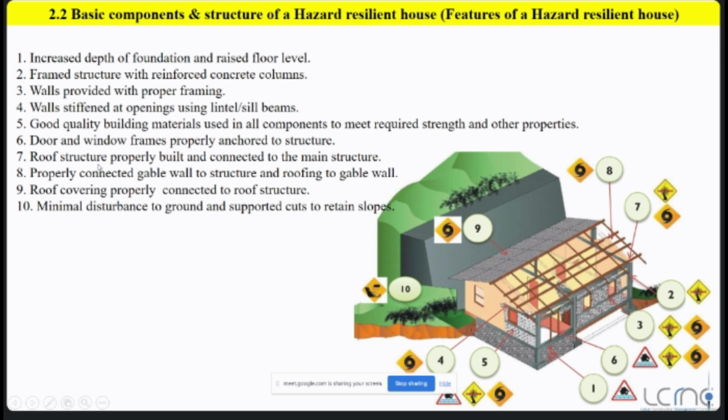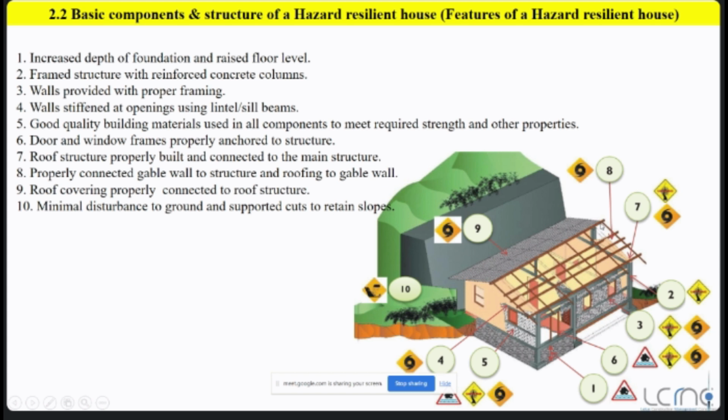And number 7, roof structure properly built and connected to the main structure. Here you can see these structural things. Now in this image you can't actually get a clear idea how it's connected to the structure, but I will explain later. Number 8, properly connected gable walls and structure and roof into gable wall. Now here the gable wall means this triangular type of wall.